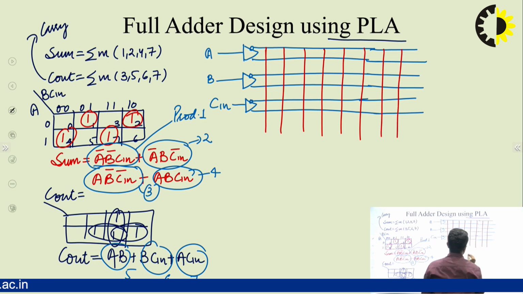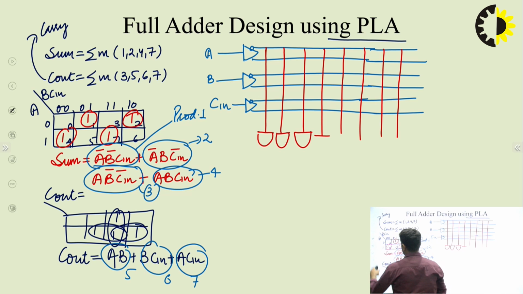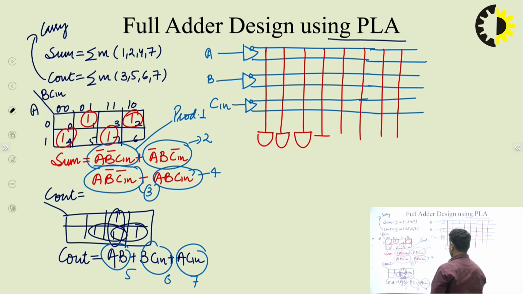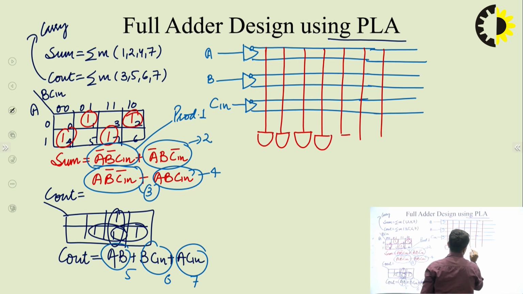So I place 8 vertical wires where 8 AND gates will be connected. Sorry, I will be requiring 7 AND gates actually, isn't it? So we have 7 AND gates, not 8. So I am removing this extra 8th wire. AND gate number 4, 5, 6 and 7.